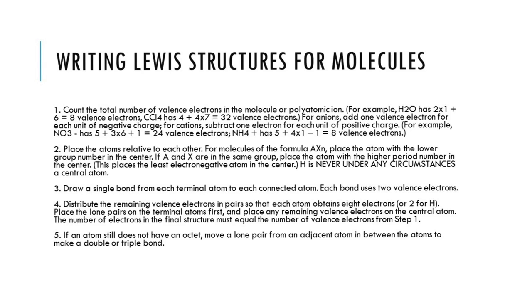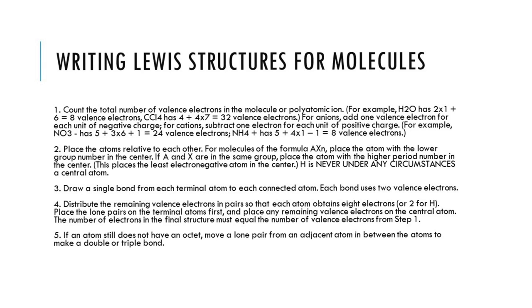For anions, add 1 valence electron for each unit of negative charge. For cations, subtract 1 electron for each unit of positive charge. For example, NO3 minus is 5 plus 3 times 6 from the oxygen plus 1, which is 24, because the NO3 is negative.